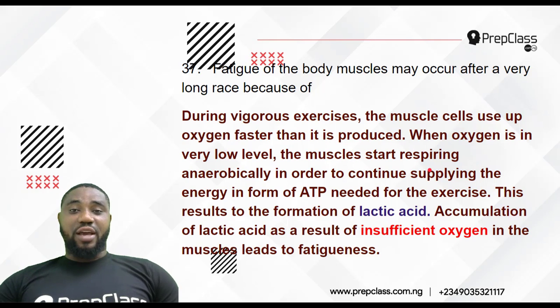Once the oxygen level drops, the muscles do not stop their activity because you are still running or gymming. So they will need to respire anaerobically. In the absence of oxygen, they break down glucose to continue to produce the ATP that you need for your exercise.